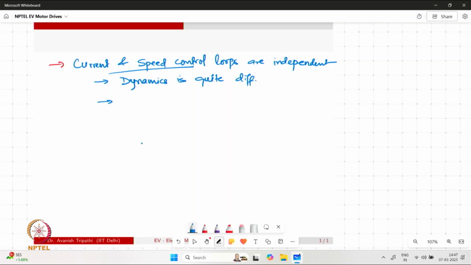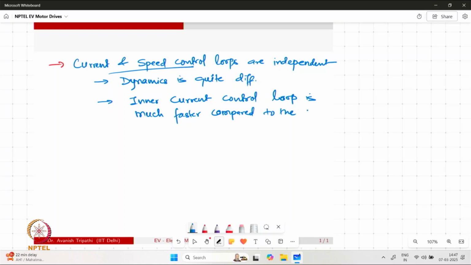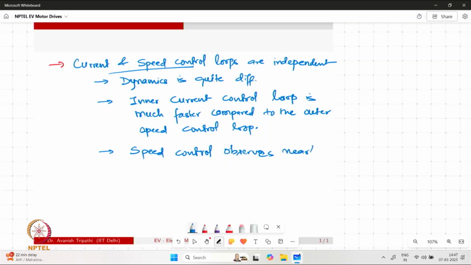So in a way, what we are trying to suggest is that our inner current control loop is much faster compared to the outer speed control loop, and the impact of that is speed control loop observes nearly unity gain block in place of the current control loop.